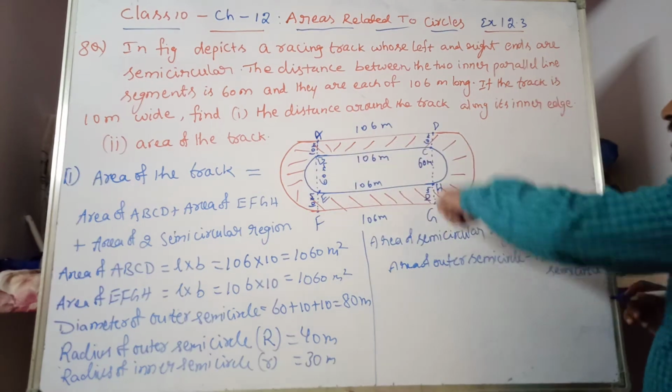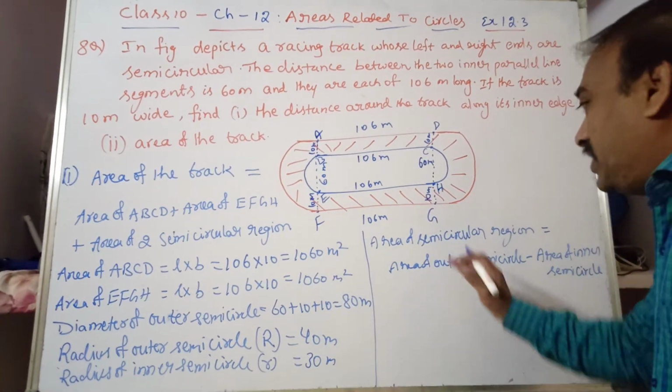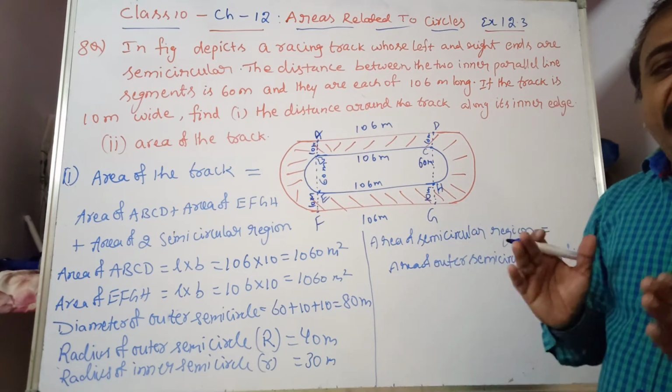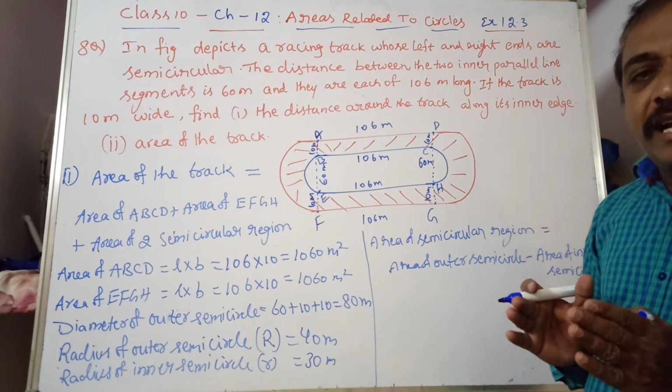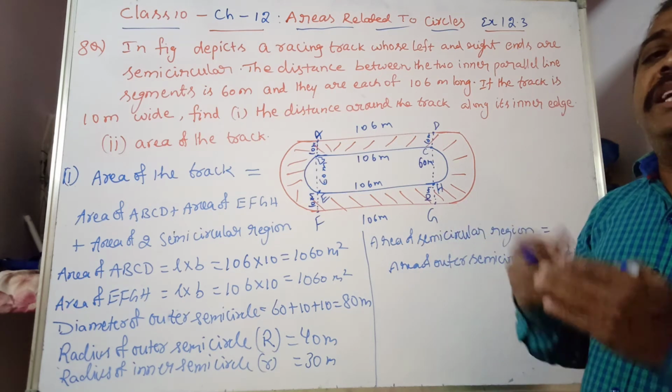What is the outer semicircle? We are using bigger for the outer and smaller for the inner. Area of the circle is what? Pi r square, and semicircle means half.